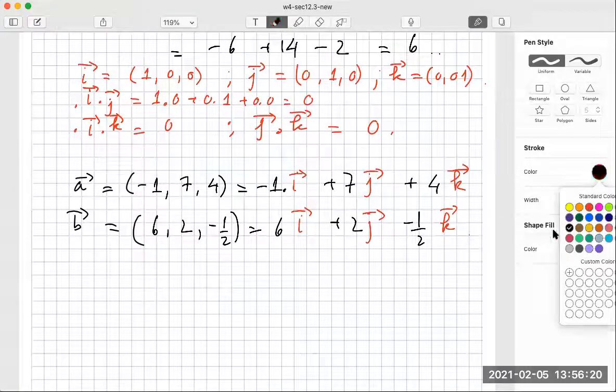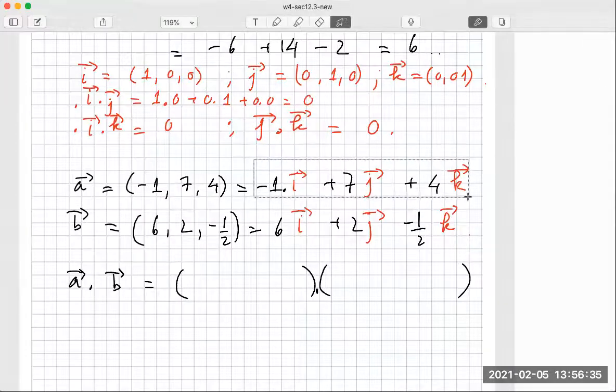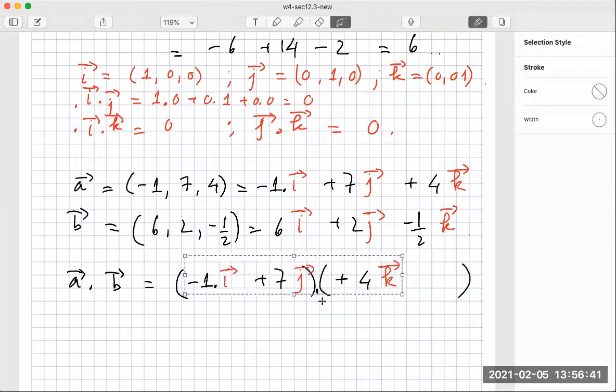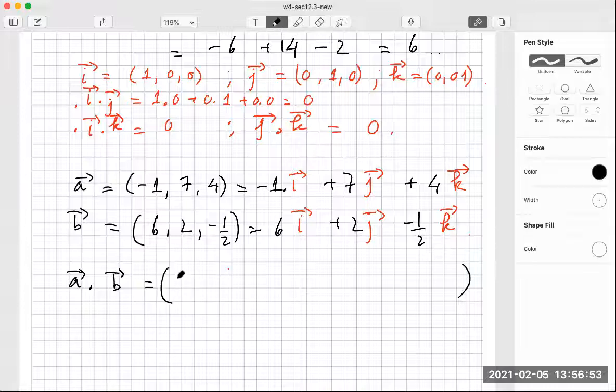If we write A dot B here, we can imagine that it will be the product of these: negative 1i plus 7j plus 4k, right?